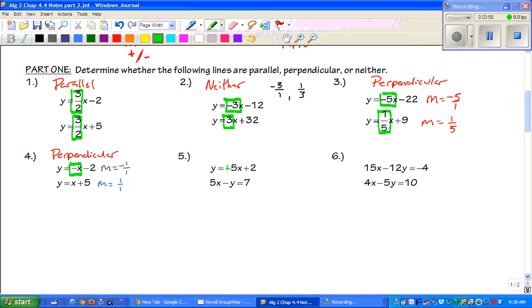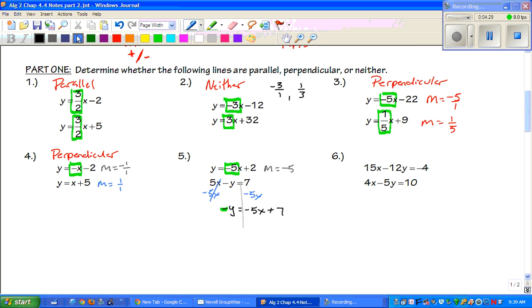Now they're going to start making us do some work. We know that this line's slope is -5, but we have to solve the one on the bottom. So we're going to subtract the 5x from both sides. We get -y equals -5x plus 7. Do not forget that negative sign right there.